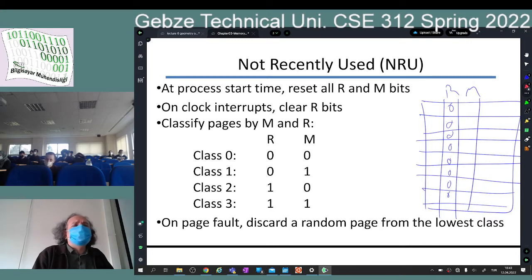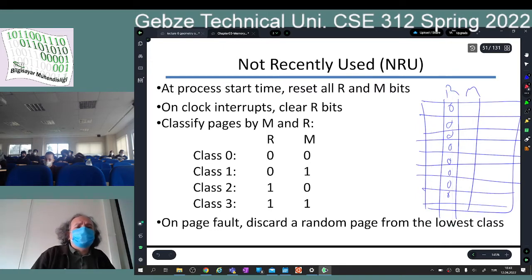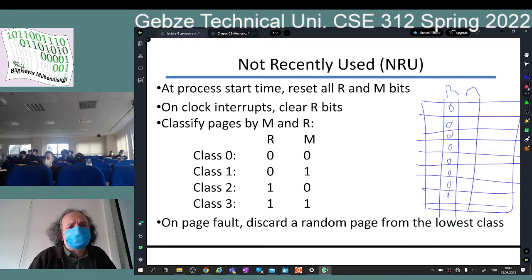What does that mean? Every 30 times a second, whenever the clock interrupt happens, I go ahead and make all of these R bits 0, saying that you may have been referenced before, but for the next clock interrupt time, I am going to clear this bit so that whoever looks at you will think that you were never referenced.